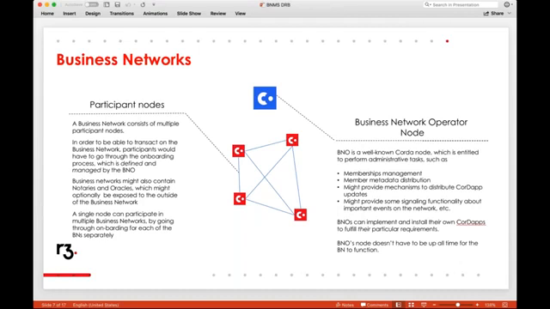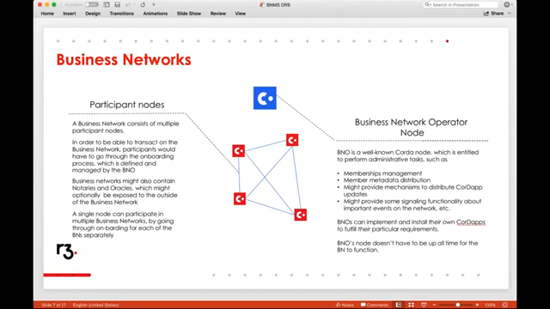In the business network, we have a concept of the business network operator node. The business network operator is entitled to perform administrative tasks such as membership management, like membership list distribution and customer onboarding. For example, it could distribute the Corda update. It could provide some signal functionality about important events on the network, and so on.